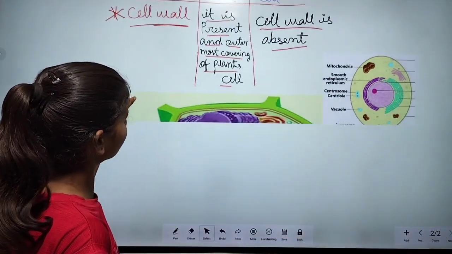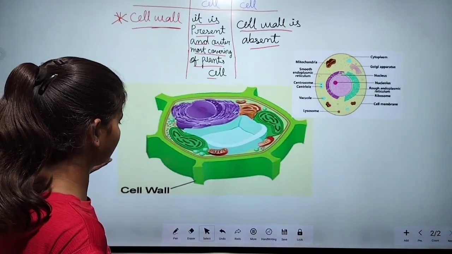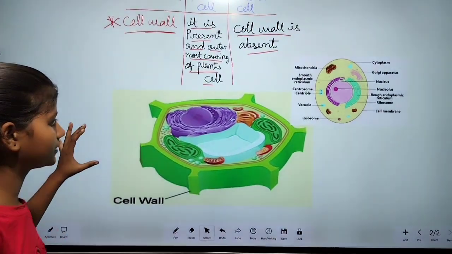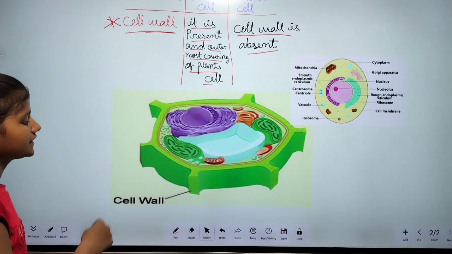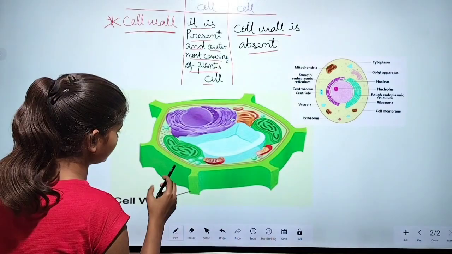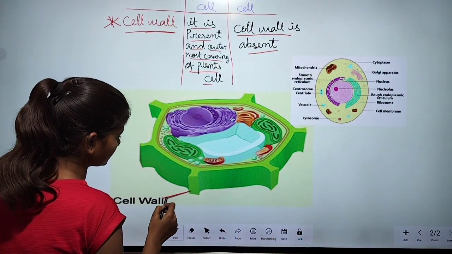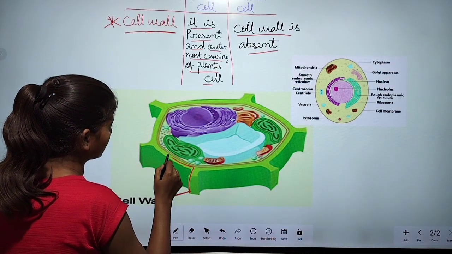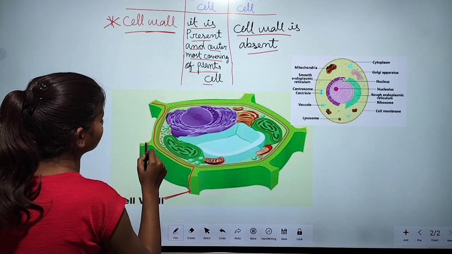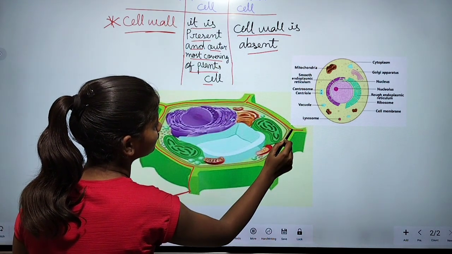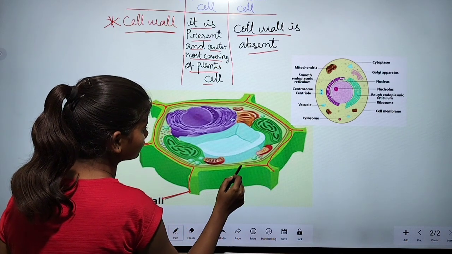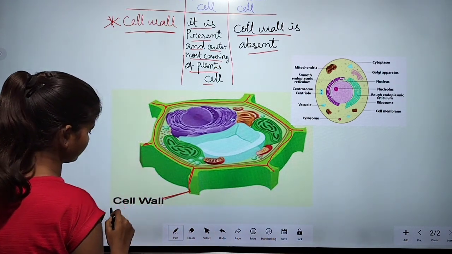We know that cell wall is only present in plant cell and prokaryotic cell, but we have only discussed a plant cell. So in a plant cell, cell wall is present. This one, this green layer, is called cell wall.